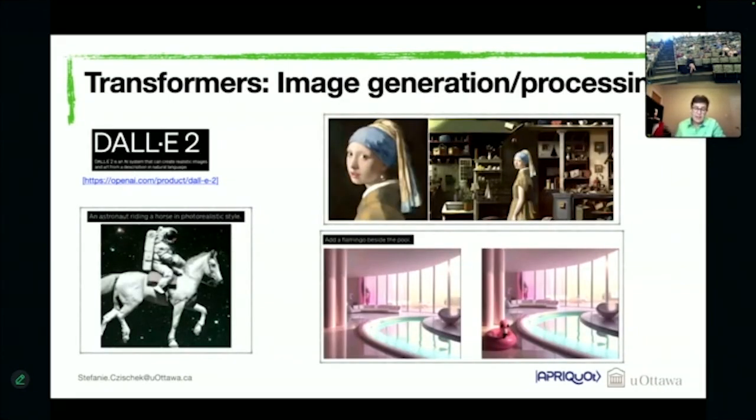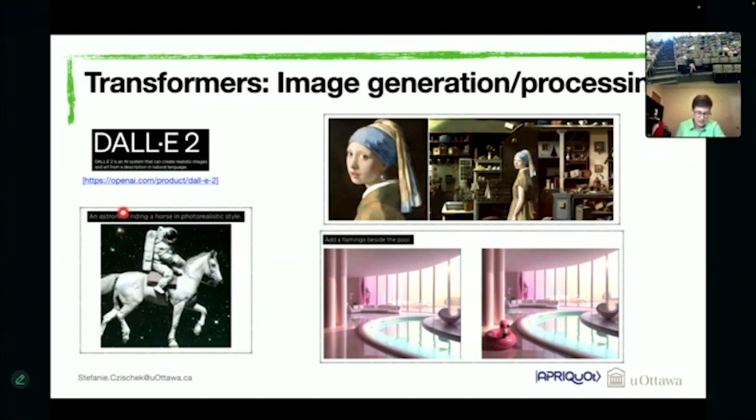Another example where transformers are used is image generation or image processing. And this is the same principle. So here we have an image as a sequence of pixels, and we have a long sequence of pixels, which are strongly correlated. And transformers are so powerful in dealing with these long-range correlations in sequences that they can do really impressive things with images.